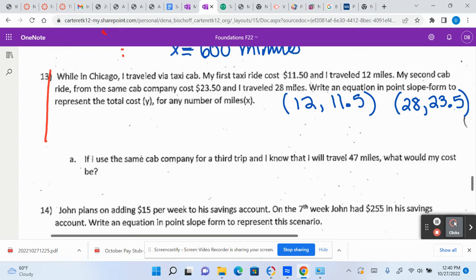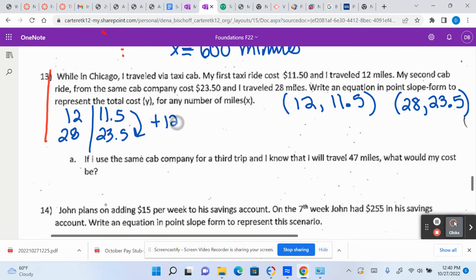I have to write an equation. You have to find slope. So I'm going to stack them up because some of you guys like it that way. And I'm going to see what our change in y is and our change in x.